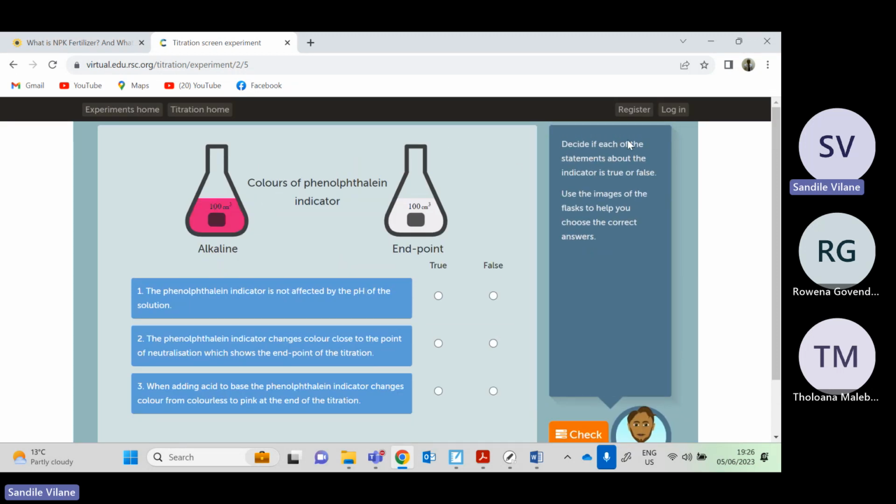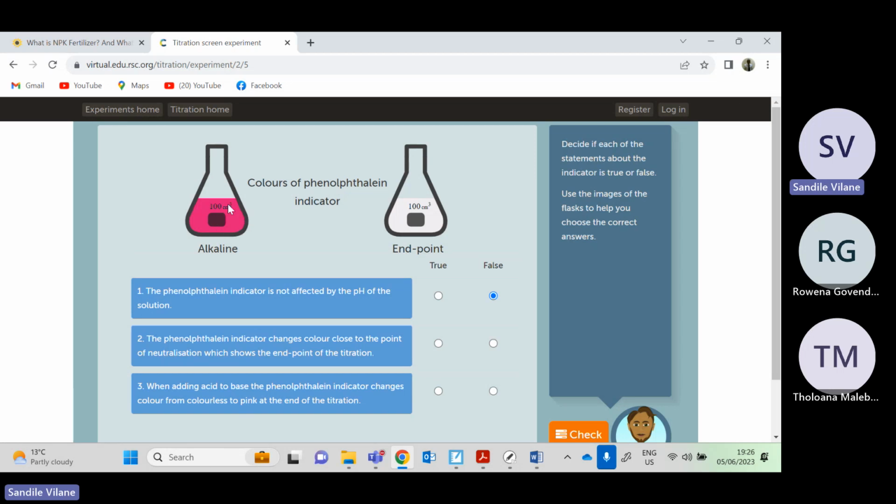Decide if each of the statements about the indicator is true or false. Use the images to help you choose the correct answer. One, they are saying that phenolphthalein is not affected by the pH of the solution. Is that true? That's not true because it changes color. If it is not affected, it must maintain its color. Look at this, the colors of phenolphthalein indicator.